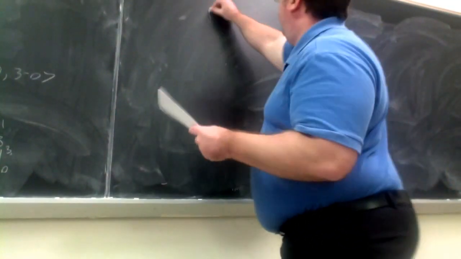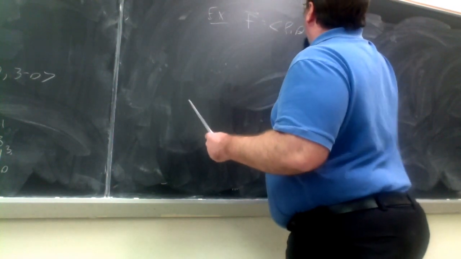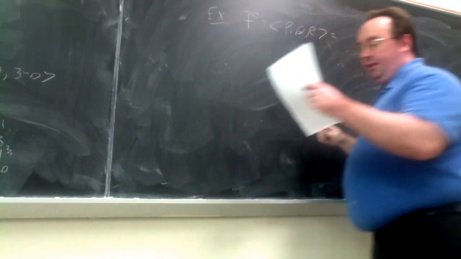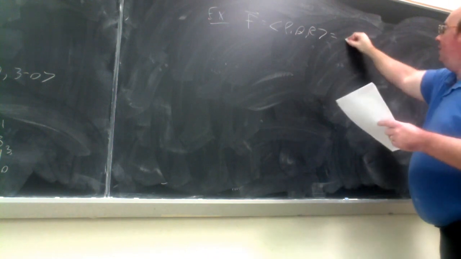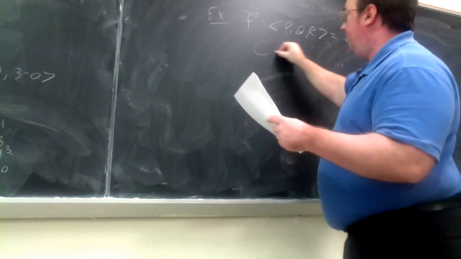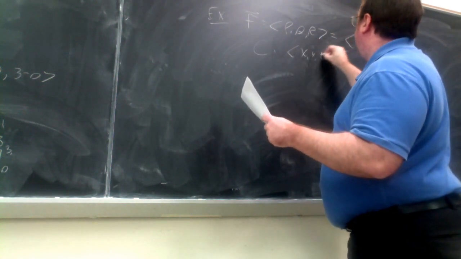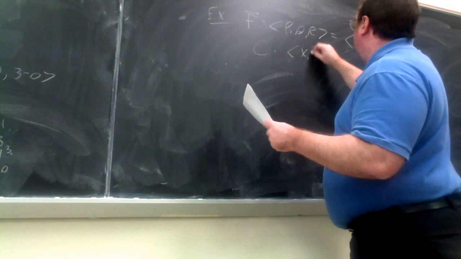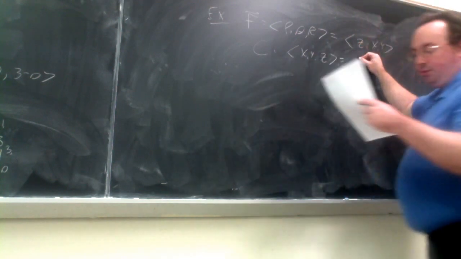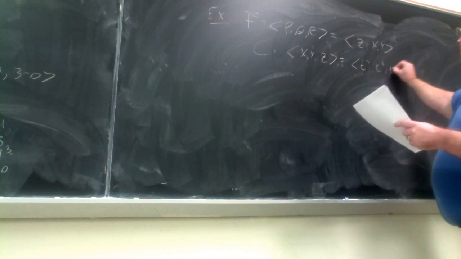Okay. So your vector field has components P, Q, and R, which is just z, x, and y. Your curve C, x of t, y of t, and z of t, is equal to t squared, t cubed, t squared.